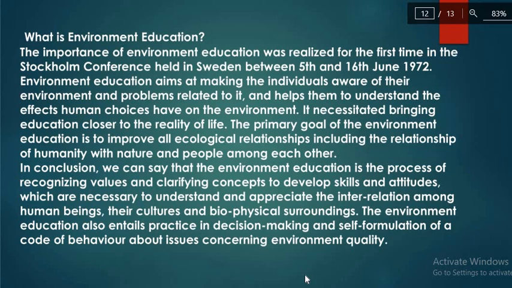The environment education also entails practice in decision making and self-formulation of a code of behavior about issues concerning environment quality. Environment quality means a healthy and sanitary environment which is pollution free. That pollution free environment will make our life disease free.